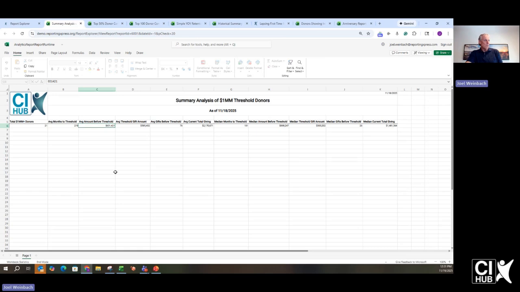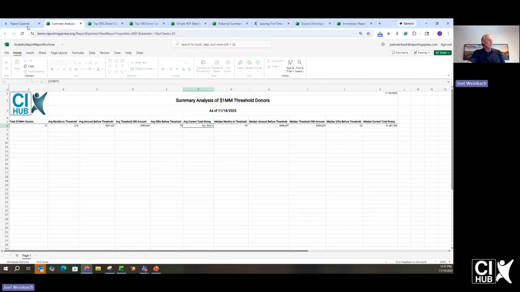The average amount before that was 650,000. The average threshold gift that put them over $1 million was 595,000. On average, they made 76 gifts before they went over $1 million. And their average total giving, probably skewed by some large ones, is 2.1 million.